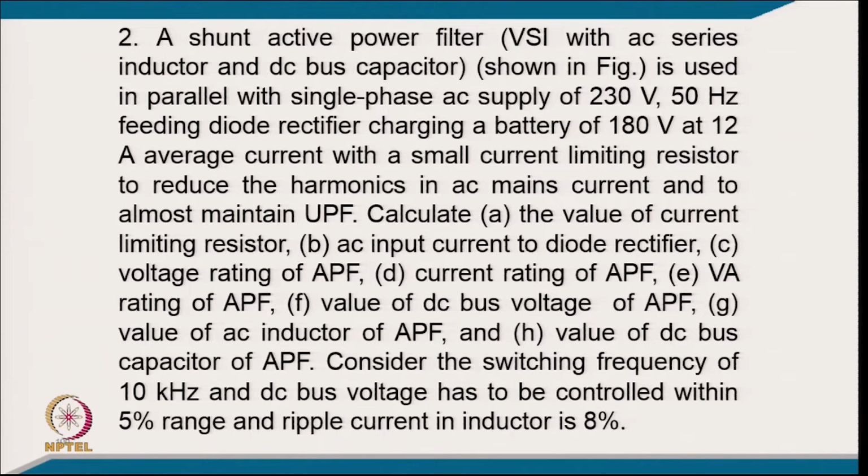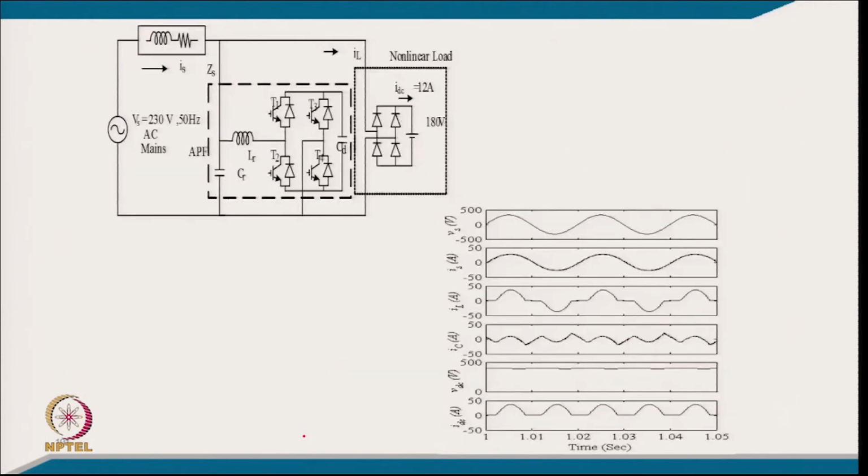Calculate the value of the current limiting resistor, the AC input current to the diode rectifier, the voltage rating of the shunt active power filter, the current rating of the active power filter, the VA rating of the active power filter, the value of the DC bus voltage of the active power filter, the value of the AC inductor of the active power filter, and the value of the DC bus capacitor of the active power filter. Consider a switching frequency of 10 kilohertz, the DC bus voltage has to be controlled within 5%, and the ripple current in the inductor is to be 8%.